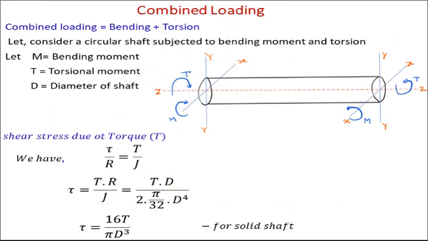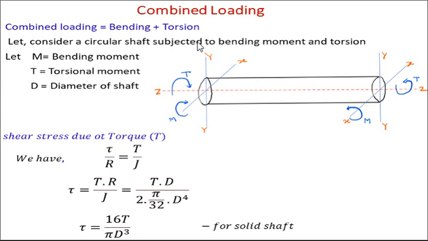So combined loading means basically we are taking two types of loading. The first type is bending, a bending moment acting on the member. On this slide you can see a circular shaft, and there is a bending moment acting on one of the axes, and along with this bending moment a torsional moment is also acting.